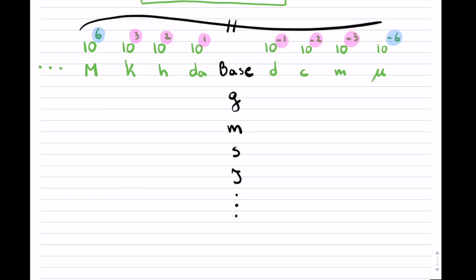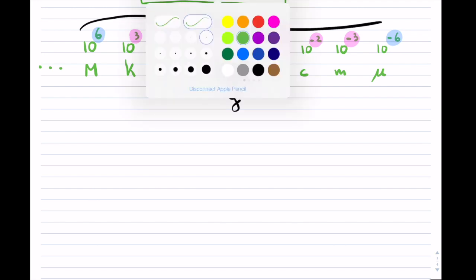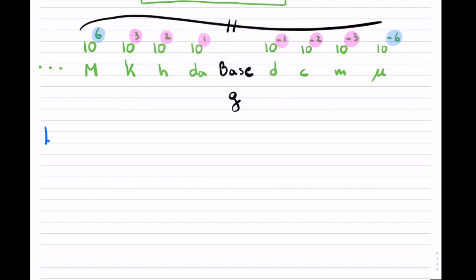Well, let me give you an example here, where you have a base of just grams. For instance, what if someone came along and told you, please convert the following measurement, 145 milligrams, and I want you to convert this to grams.